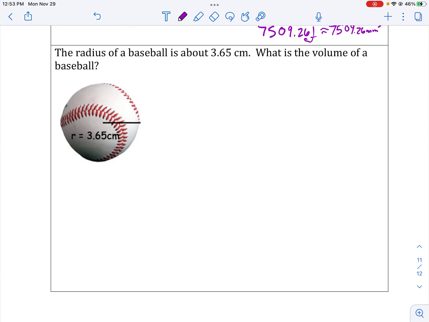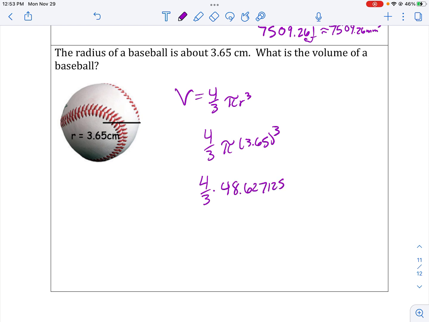So let's find the volume of this baseball. So here we're given the radius, so let's substitute r, 3.65, in for r. So 4/3 times 48.627125 times pi.